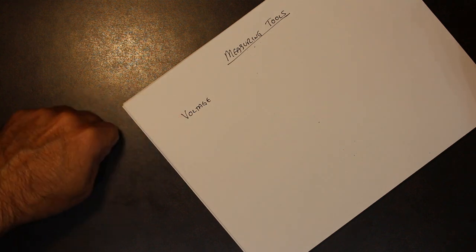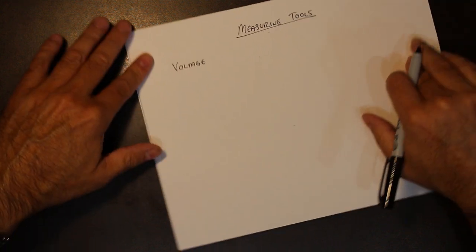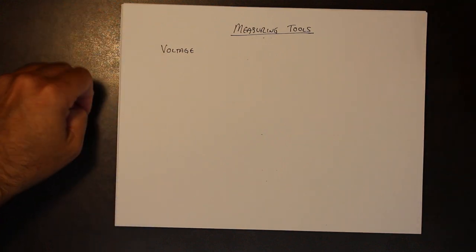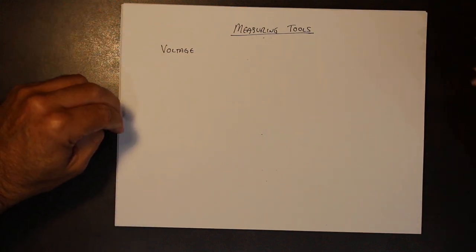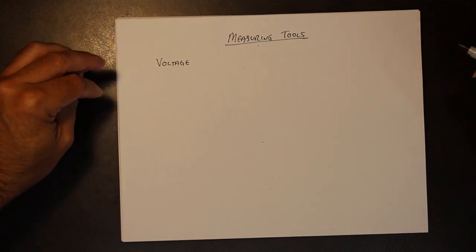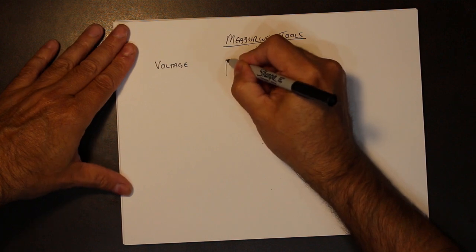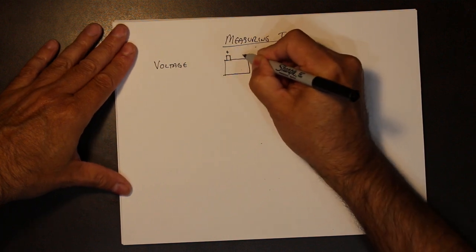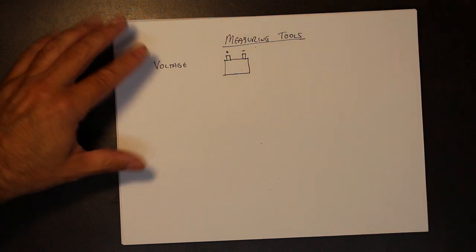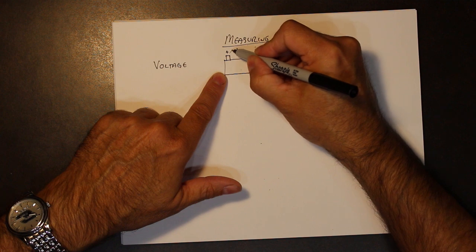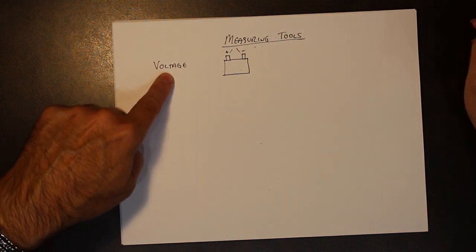And we'll talk more about voltage, but basically voltage is the energy, the potential difference that causes electricity to flow. So if you take a battery and you have a positive terminal and a negative terminal, the potential difference between those two points is a voltage.